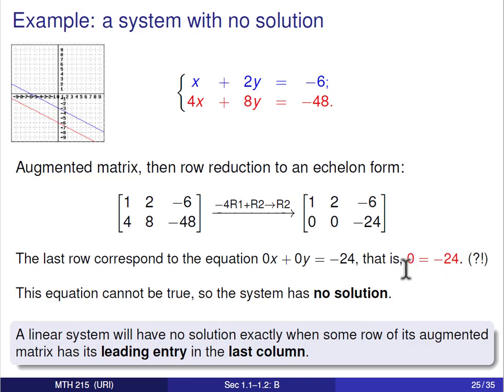That gives us a nonsensical equation, and that tells us there should be no solution. That's how you'll know. A linear system has a solution if it doesn't have an equation like this. If it does have an equation like this in its echelon form, then there is no solution.